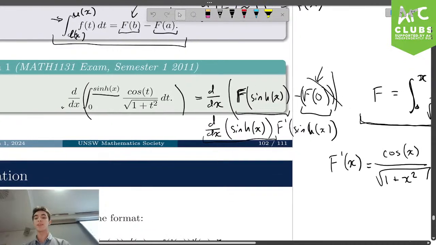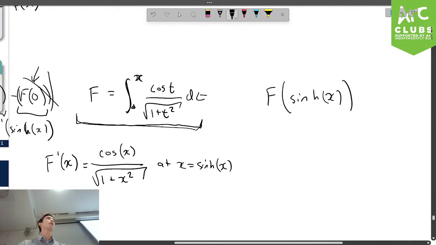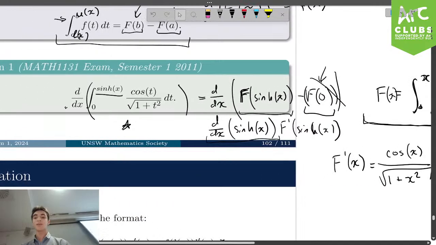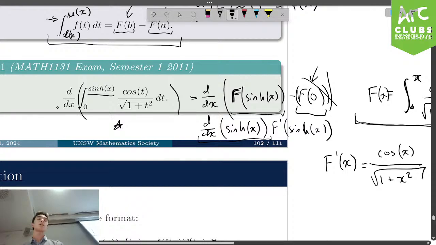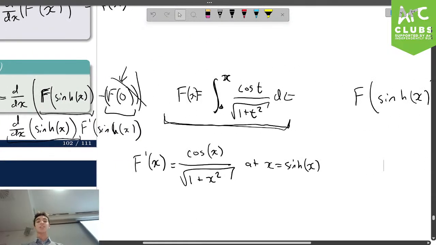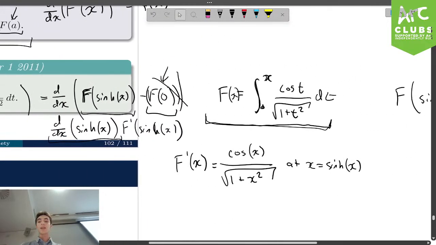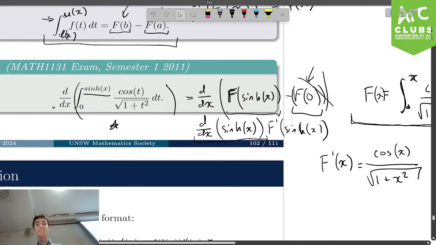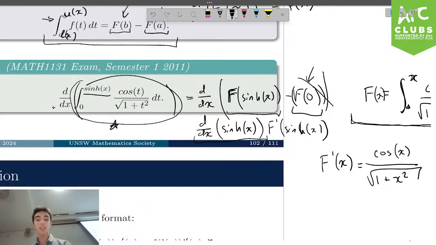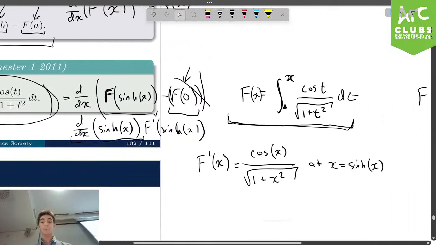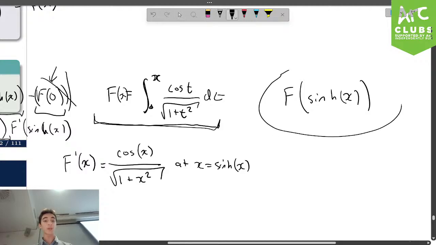This expression we got given is the same as our expression for f, but we substituted in hyperbolic sine of x. That actually made it easier for us because now we could replace this expression with this expression.